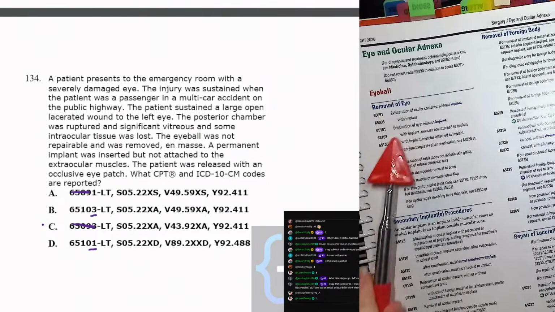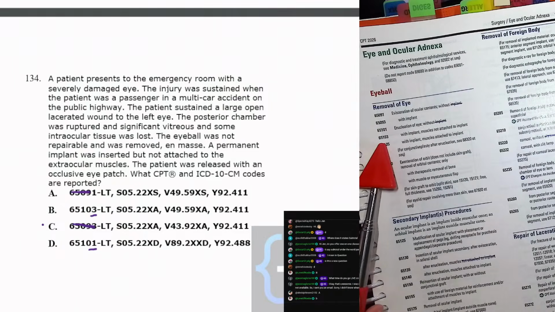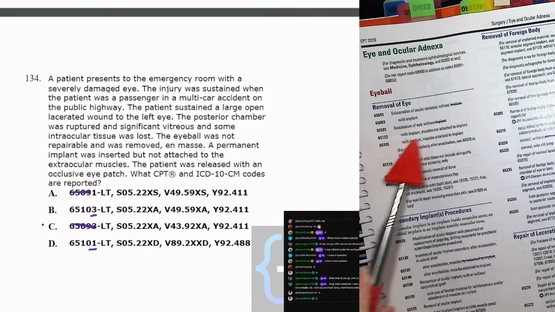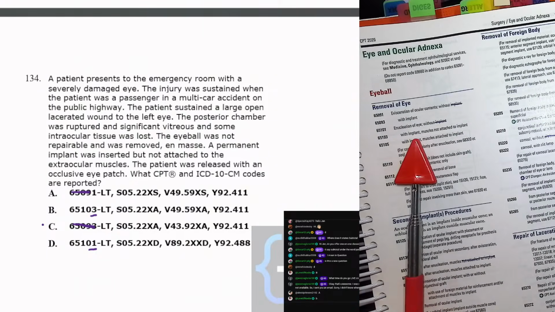So now I'm in the AMA CPT book on page 499, and we've got our 65101 and 103. And yes, like I thought, the only difference between those 2 codes is using an implant.